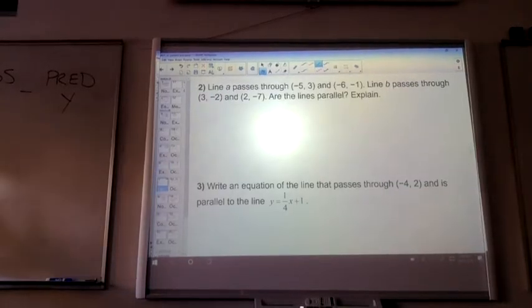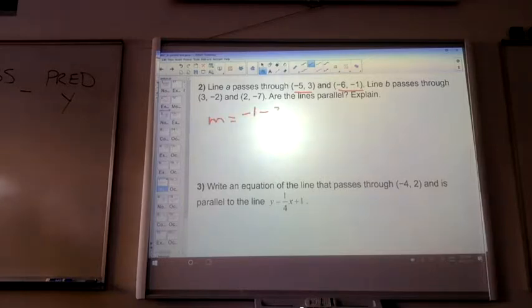All right. Line A passes through those points. Line B passes through those points. Are these parallel or not? I'm going to find the slope of this, and do this one in red. Remember, the slope equation is something we need to know. So the slope of those is 4.